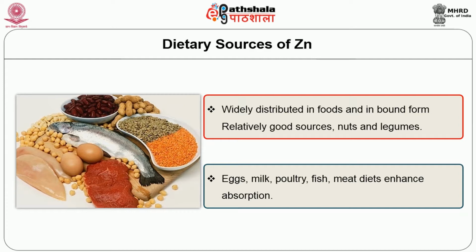Then coming to vegetarian sources, all the nuts like groundnuts, cashew nuts, and all the legumes. You can see legumes like peas, then bengal gram, red gram and green gram dals. These are the legumes which are rich sources of zinc.